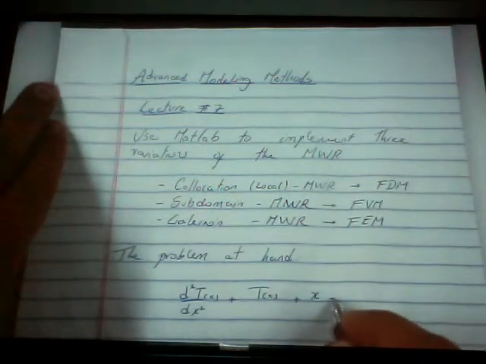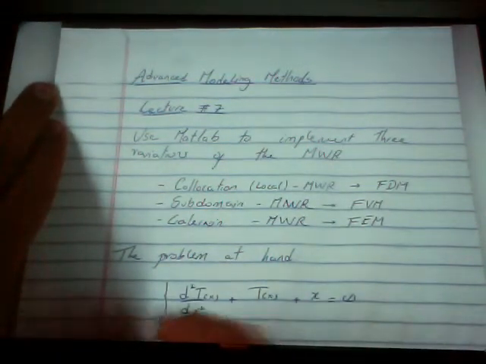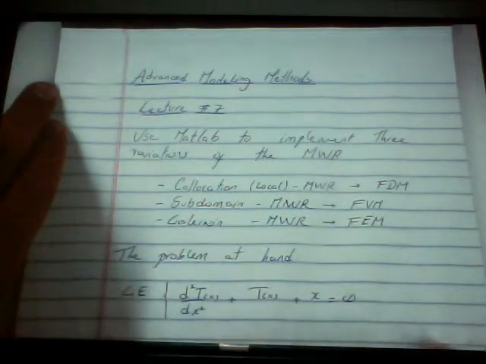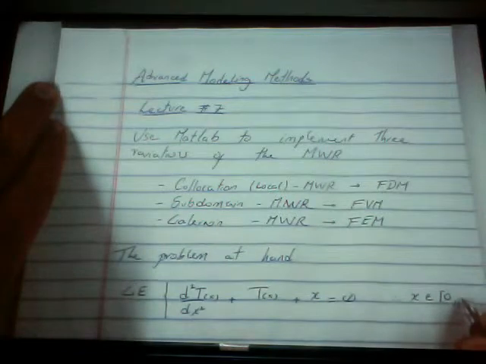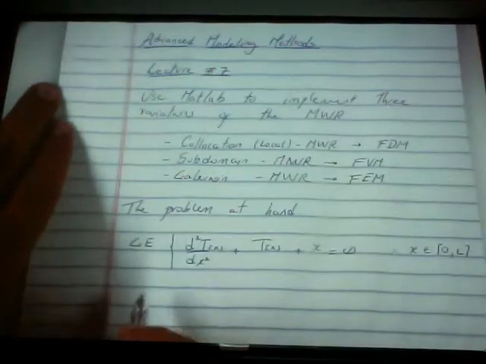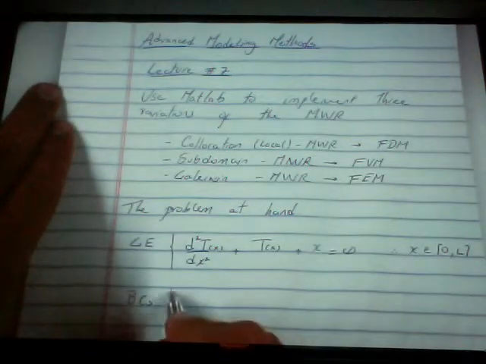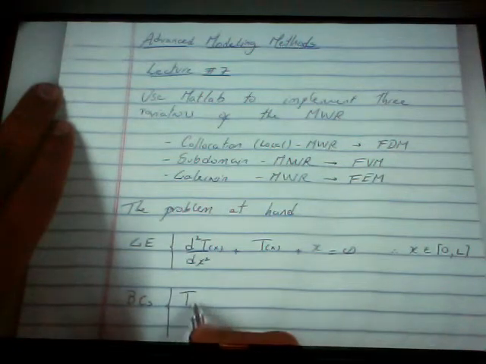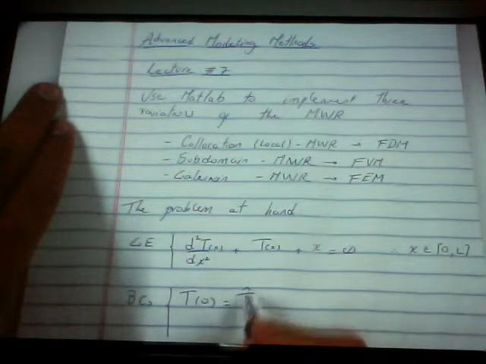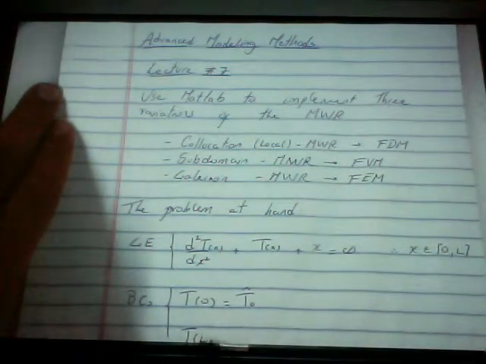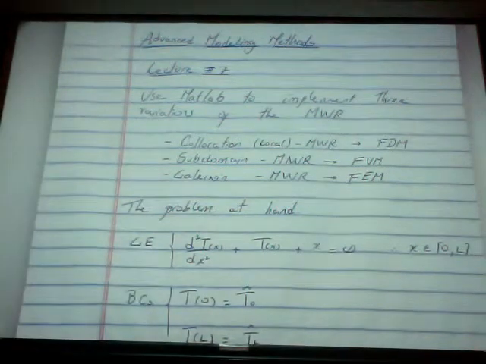Plus x is equal to 0. This is the governing equation, such that x belongs to the interval from 0 to L, with boundary conditions. T at 0 is equal to T0, and T at L is equal to TL. All right?